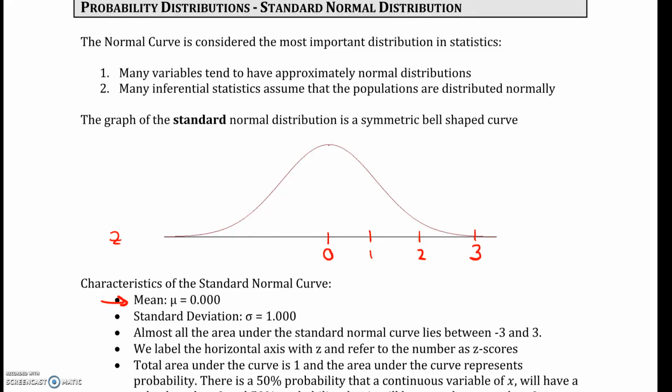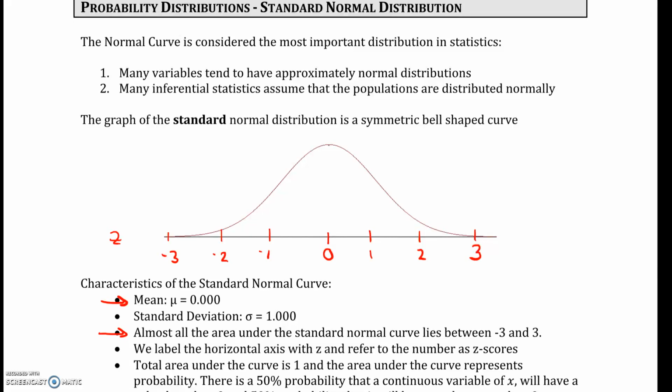We'll talk more about this over the next couple days, but it turns out that almost all of the values will have z-scores between -3 and 3.